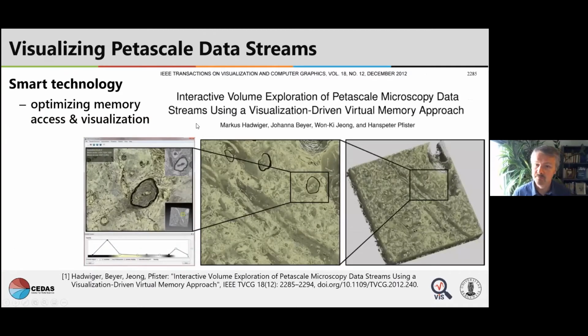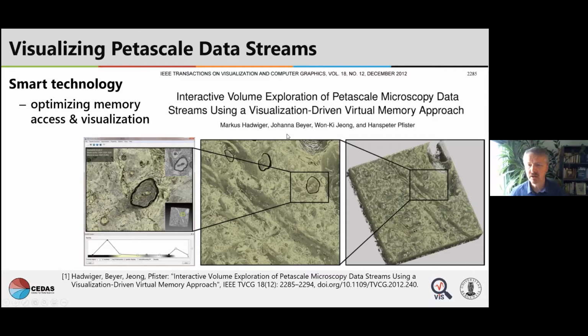Here I show you one example from the work of Markus Hadwiger and colleagues, also Hanspeter Pfister from Harvard and Johanna Beyer. They have come out with a number of very interesting papers in the last few years, where they presented lots of different smart ideas for enabling large-scale data.